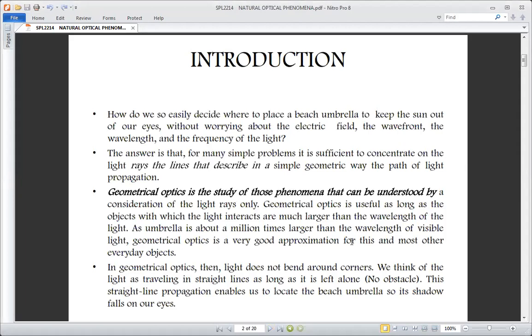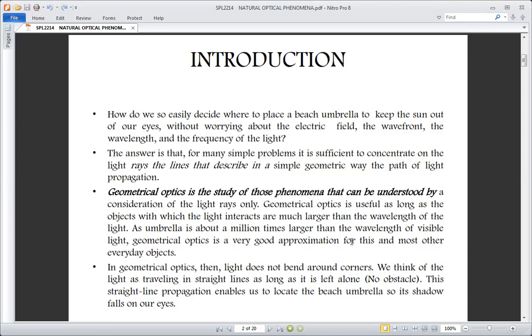So in this introduction, it is important that we understand what light is and the representation of light. We all know that light can be represented in many ways. Light can be considered as a wave, and light can also be considered as a particle, but light can also be represented in terms of optical rays.